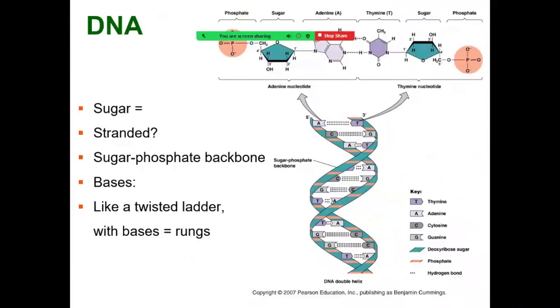Now remember, this binding of one strand of DNA to the other strand of DNA is only hydrogen bonds. Hydrogen bonds are very weak, and this bond right here, the top one, will break and reform all the time.